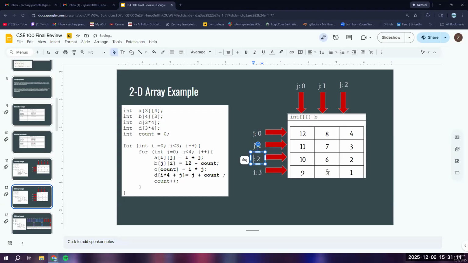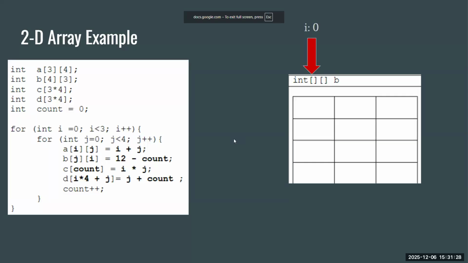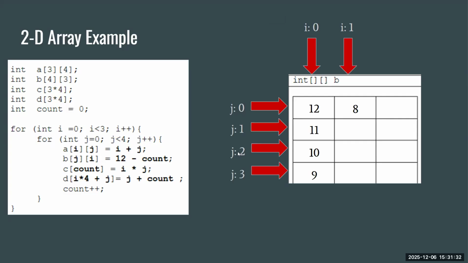So let me fix that real quick so I don't give you guys the wrong answer, or if you need to refer to these slides later. Yeah, so j for b is representing the rows. So when j equals 0 and I equals 0, we got 12, and then it moves on to the next iterations.